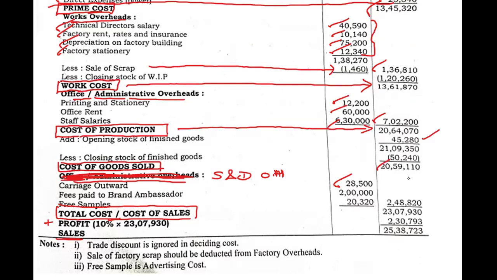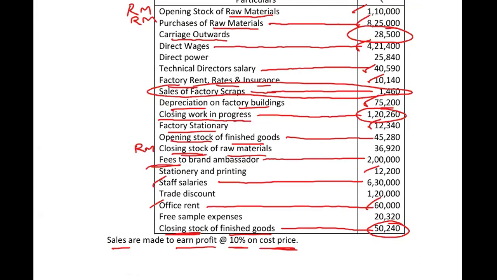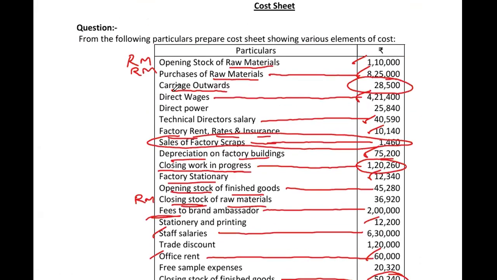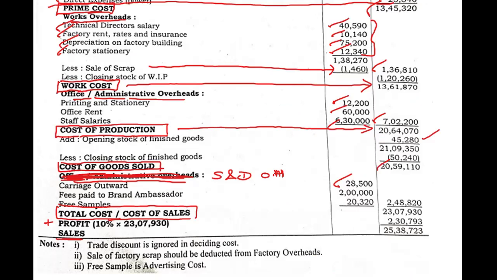From that, the selling and distribution expenditure will be added. Carriage outward, which was given in the starting part, is 28,500, and thereafter fees paid for brand ambassadors, actors who act as ambassadors for selling the product, 2 lakh rupees, will be considered for selling and distribution overheads.